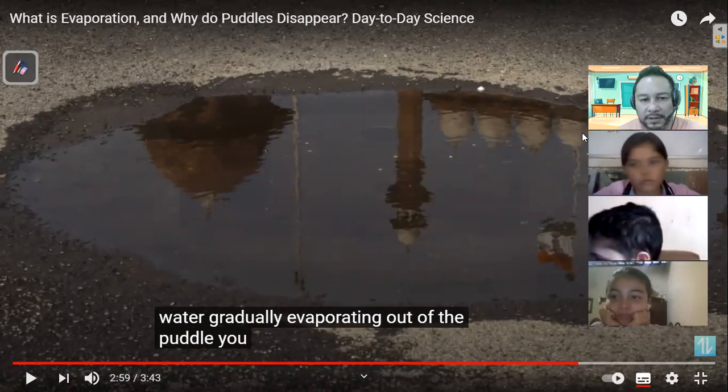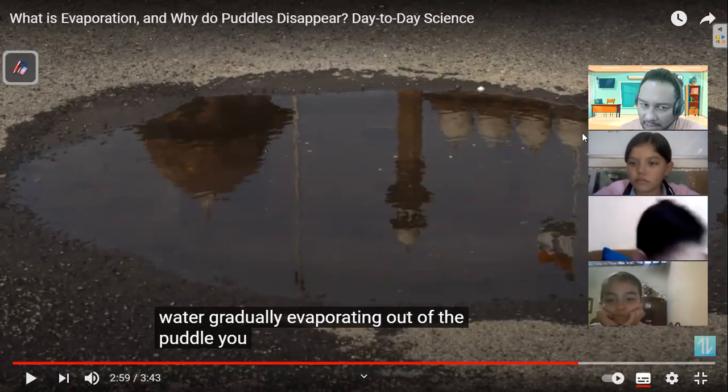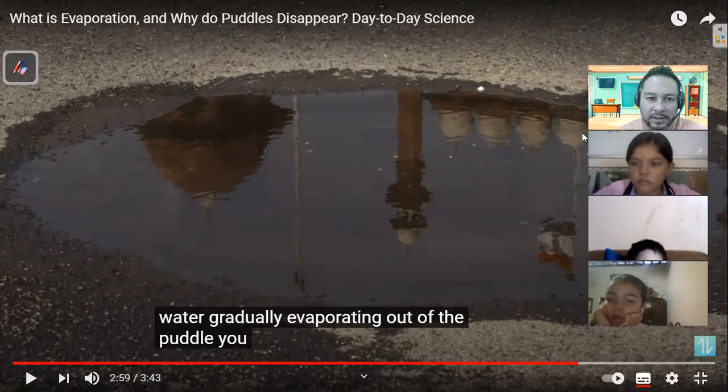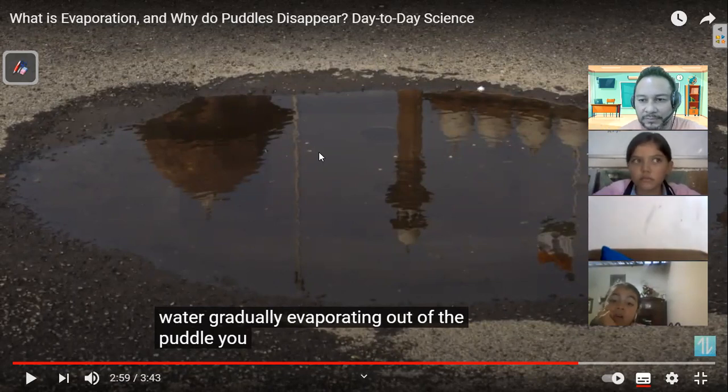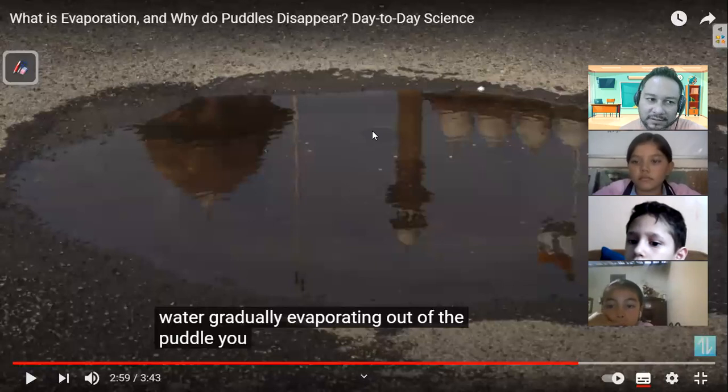No, I don't think that it can evaporate with the weather that we have now. If we want to see the evaporation for this puddle, we need to have the sun and with all that temperature, that temperature is very important. But the weather like that, I think not.